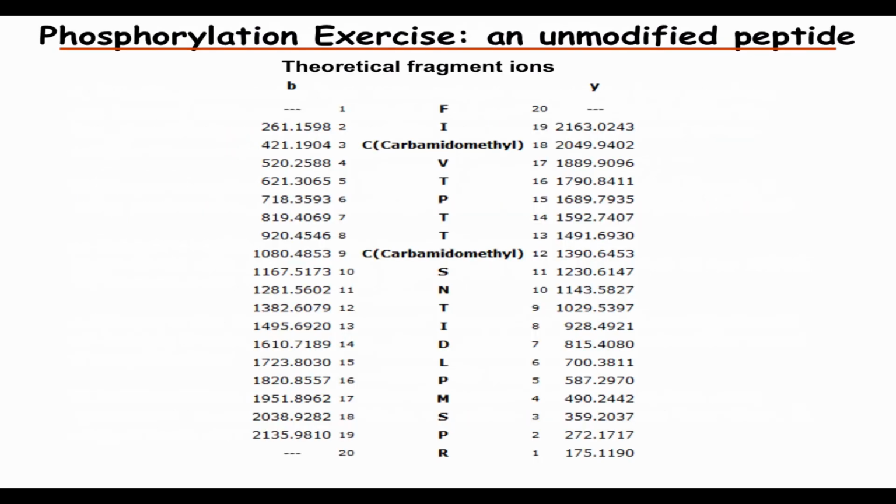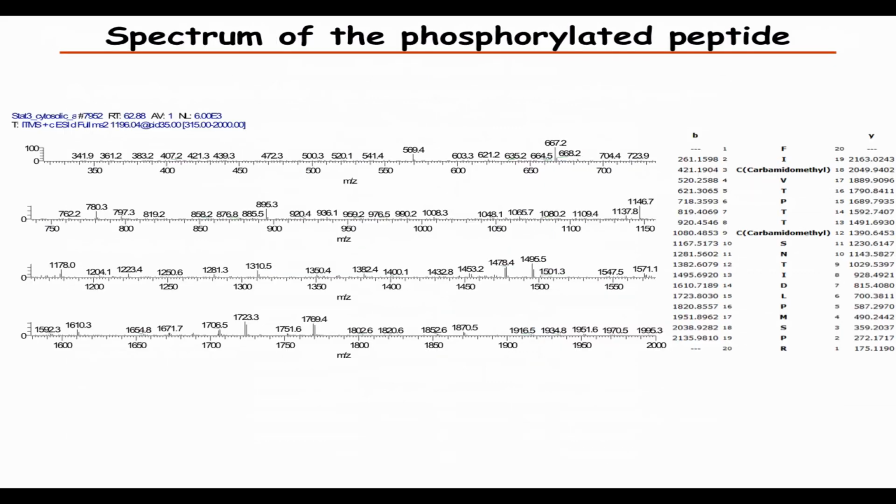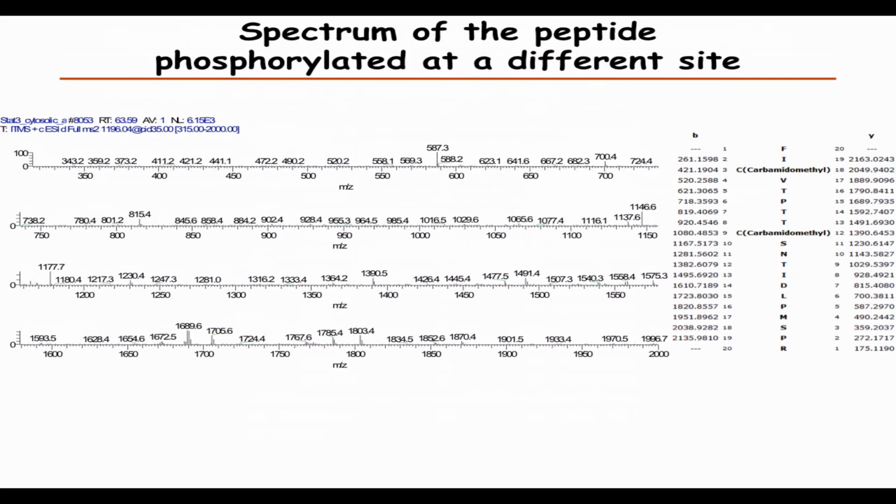If you go to the homework, there is also a table that shows the fragment masses, the B and Y ions of a peptide. It also has two spectra, one phosphorylated and one unphosphorylated. You can start working on these things now, and Pam and I will be here to help you with that.